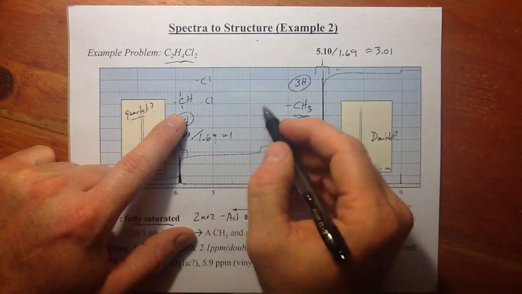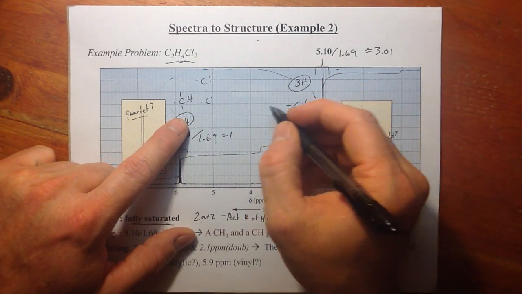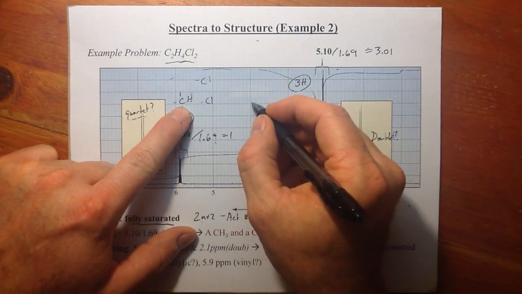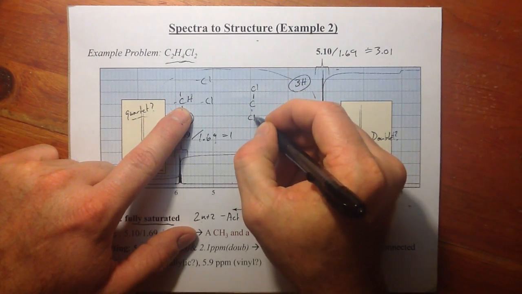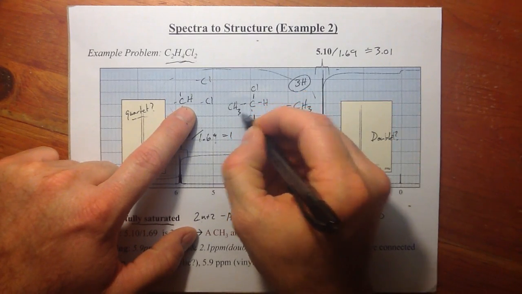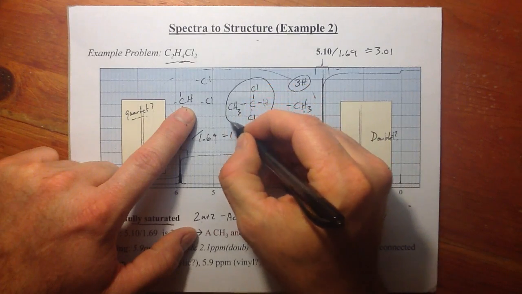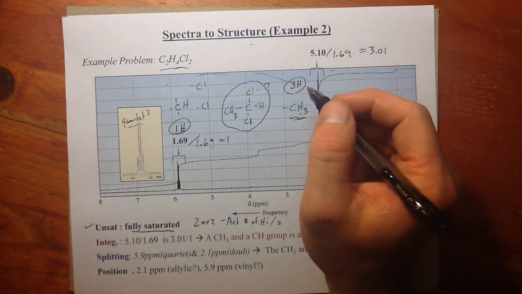This is on our palette. We can pull these together and say, okay, the only way I can build this thing is to have this carbon in the center, the 2 chlorines off of it, the H on one side and the methyl group on the other. Maybe. Again, you're putting it in pencil and you're going to go ahead and check it.